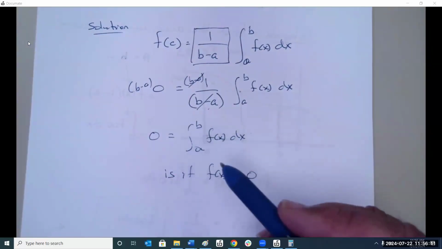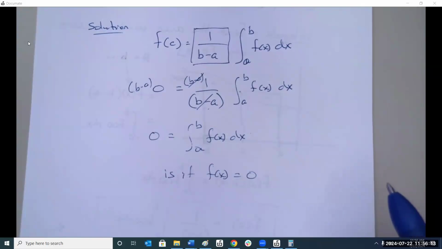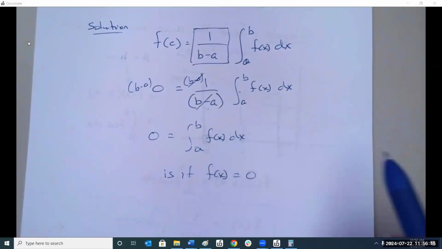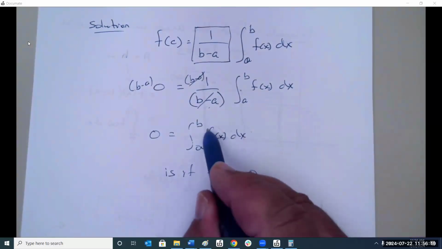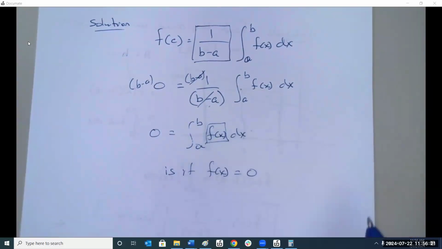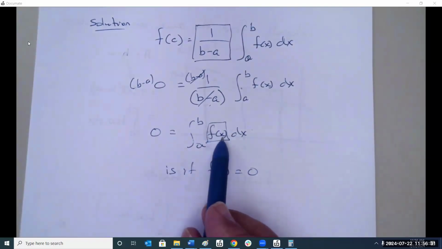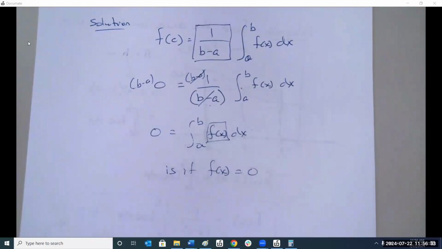Because a and b are not equal, they're both not 0. dx is simply an indicator of which variable. So that means the only way this could equal 0 is if that's 0. That's the only way, is f of x is equal to 0. Because if f of x was anything else, it wouldn't equal 0. The only way it can be done is if f of x equals 0, at least once, or everywhere.